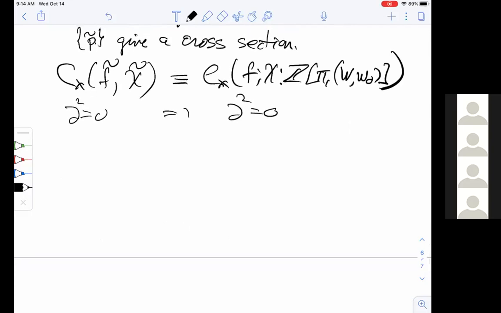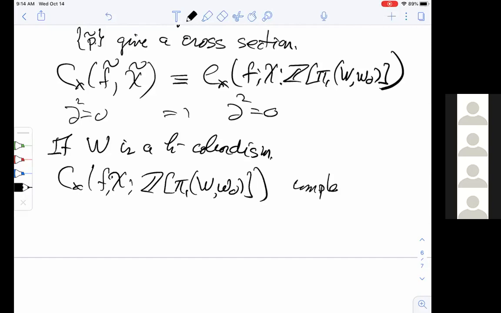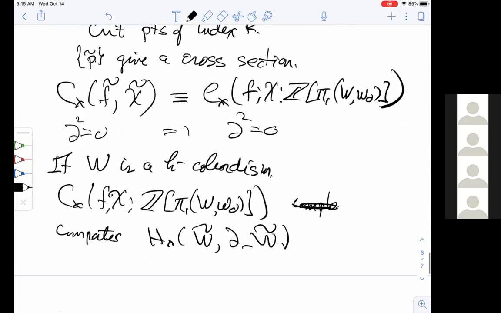It also shows you that if W is an s-cobordism, then this Morse complex that I've defined with the Z pi 1 coefficients computes the homology of W tilde modulo boundary minus W tilde, because that's what this Morse complex computes.